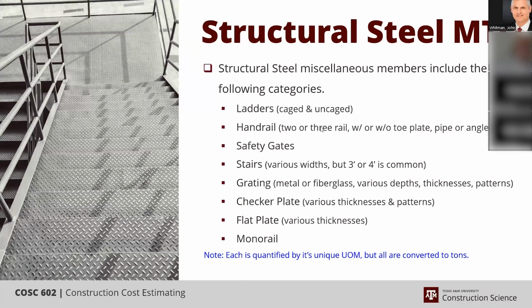And if they both have 3 rails and a toe plate, again, they're very similar. So between pipe and angle there is some variation, but we typically don't account for it. To be honest, that's leaning on the law of averages, that we're close enough.